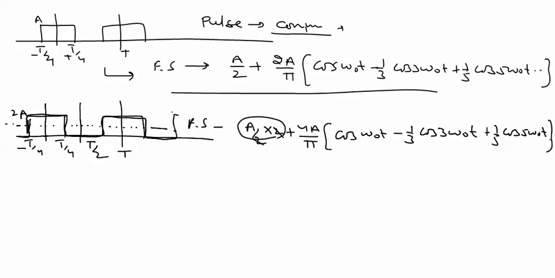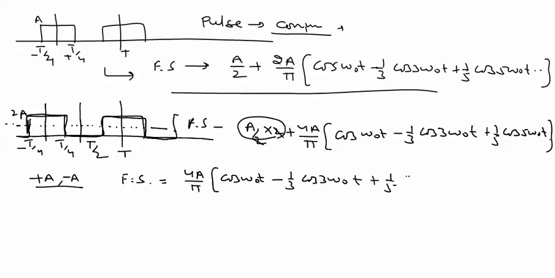From the pulse train we develop a square wave with magnitude oscillating between plus A and minus A. Square wave Fourier series has Fourier components 4A upon pi cos omega naught t minus 1 by 3 cos 3 omega naught t plus 1 by 5 cos 5 omega naught t, and so on. This is the derivative of the previous expression, the pulse train.